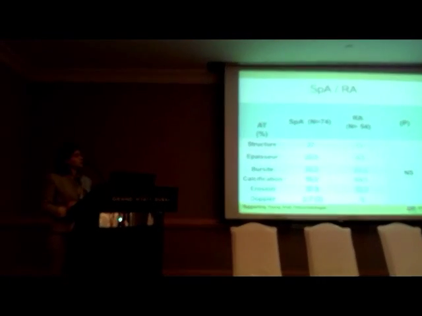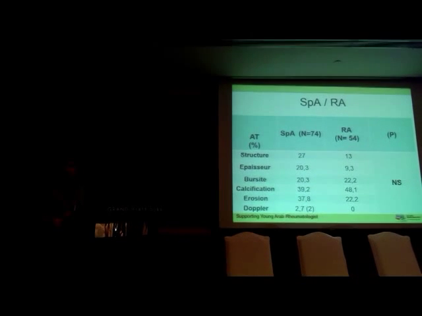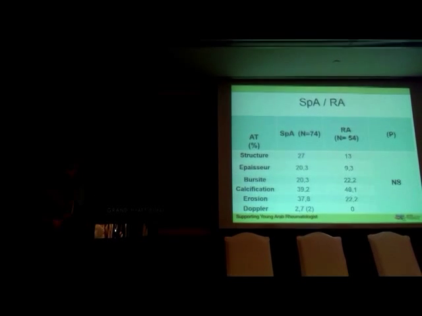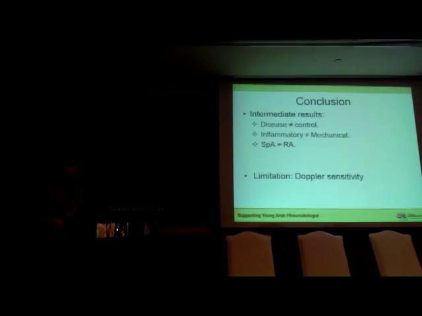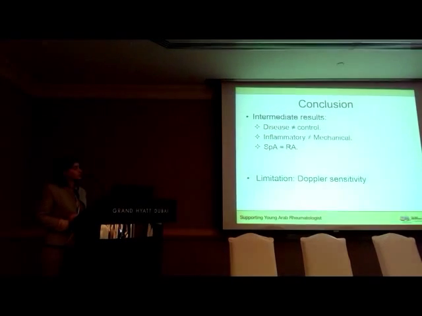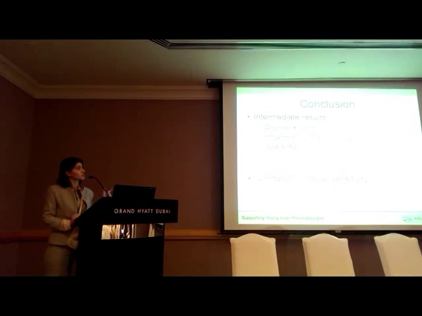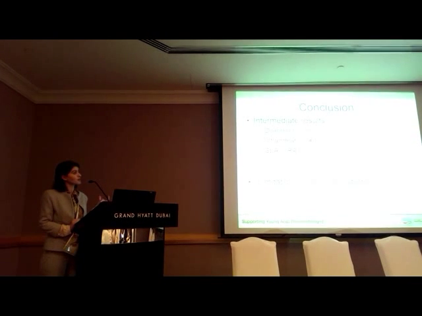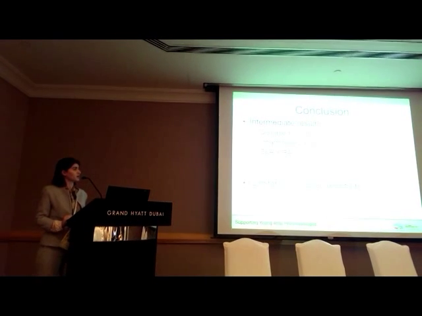After that, we compared the group of spondyloarthritis and RI, and we noted no statistical difference between the US elementary lesions for the Achilles tendon and for the PA. So we can conclude from these intermediate results that there was a difference between the US abnormalities of the disease group and the control group on one hand, and between the inflammatory and mechanical processes on the other hand, but no difference between spondyloarthritis and RI.